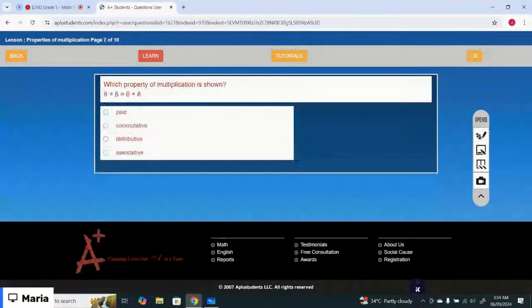Which property of multiplication is shown 8 times 6 equals 6 times 8? So which is the correct option?